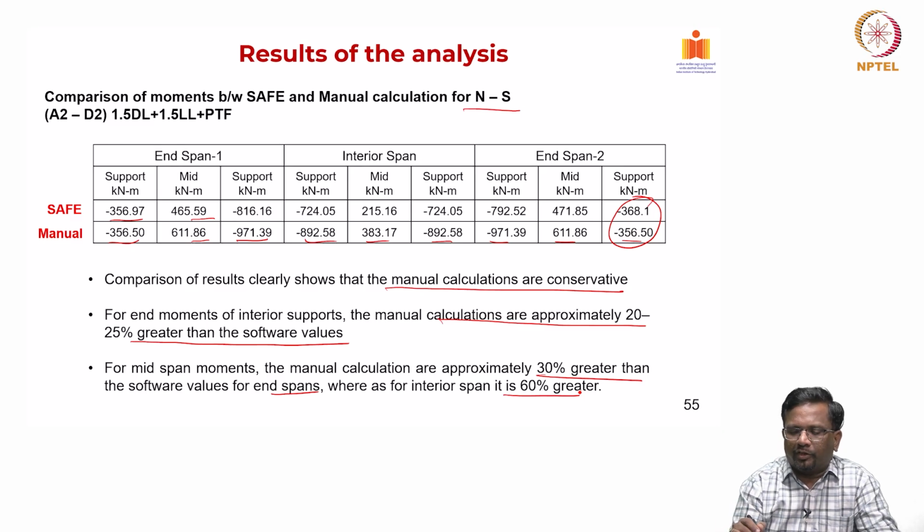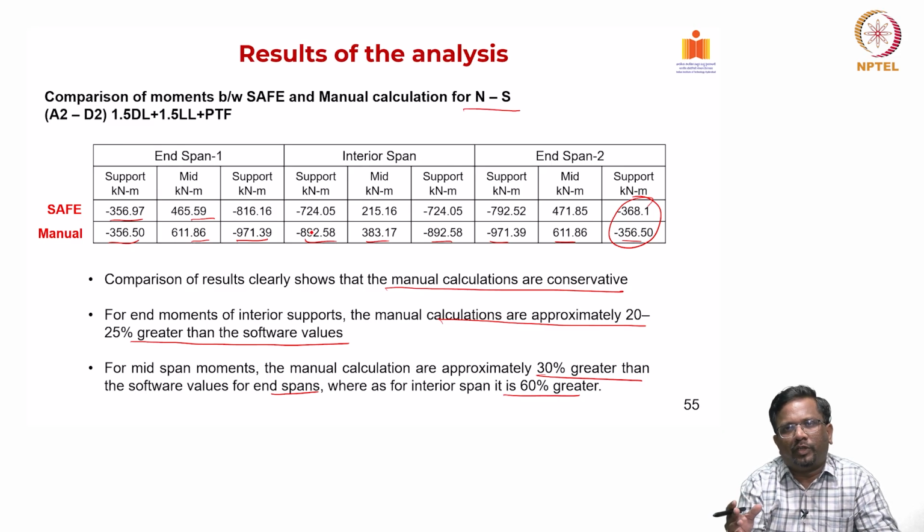But still, in the commercial packages, for the punching shear calculation, there are some issues that need to be sorted out, and most of the design offices, what they do is for punching shear calculations, they take the demand from the software results and then manually check like what we have done. So that is the reason if you see our manual calculation for an interior span, it was working out to be okay, but in the software it was showing slightly a higher value.